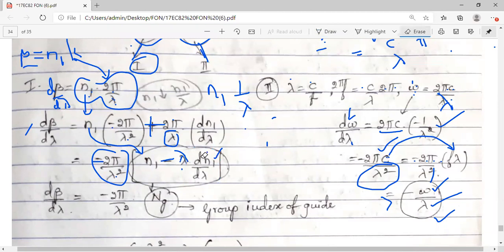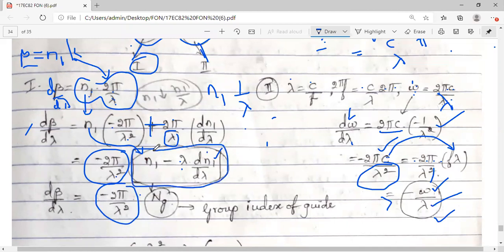The V term, we will keep this outside, whatever we have written, minus 2 pi by lambda square as it is, into this complete bracket term, we call it ng. n1 minus lambda dn1 by d lambda, this whole bracket term, we call this ng, which is the group index of the waveguide.